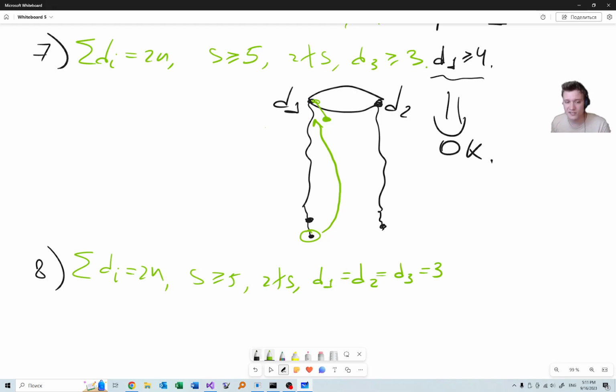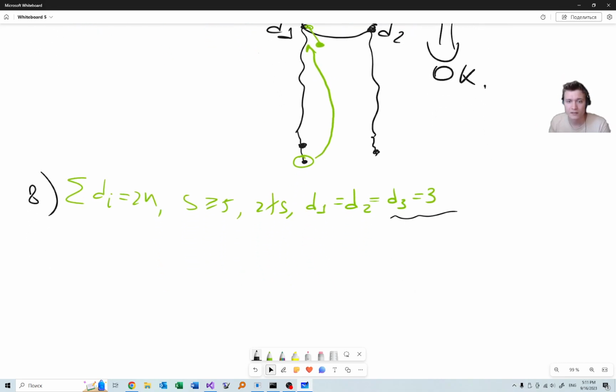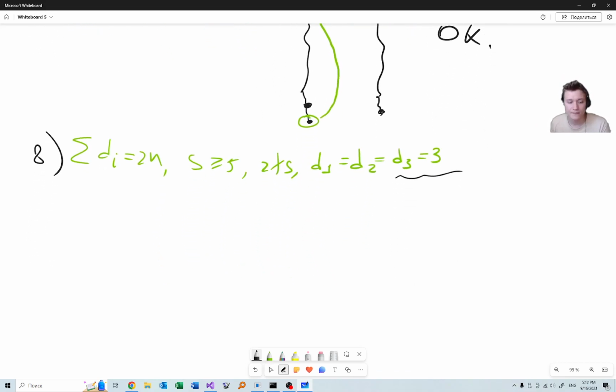Again, it is simple. d3 cannot be greater than 3, because it is at most d1. And it cannot be less than 3, because we already know that it is not true. So now these 3 vertices are of degree 3. Okay. Let's consider now case that d... Let me think.